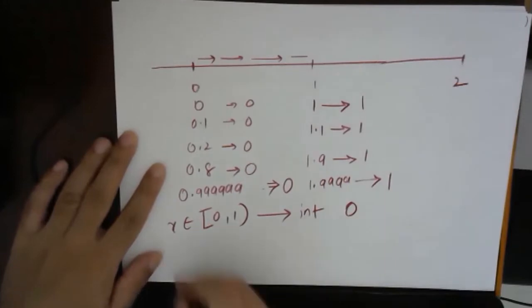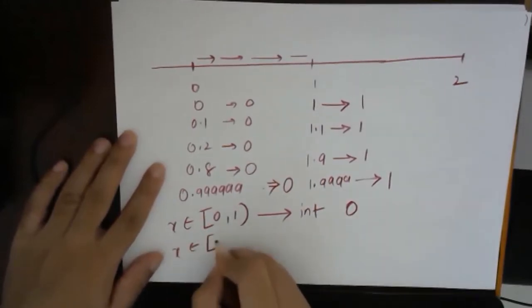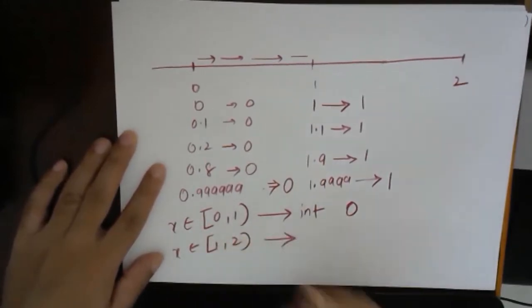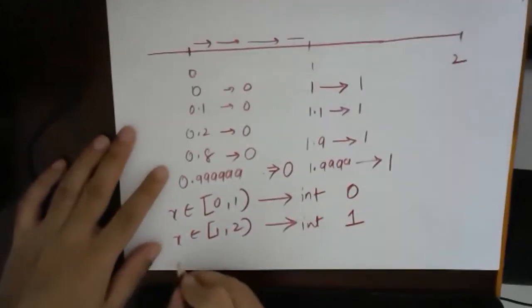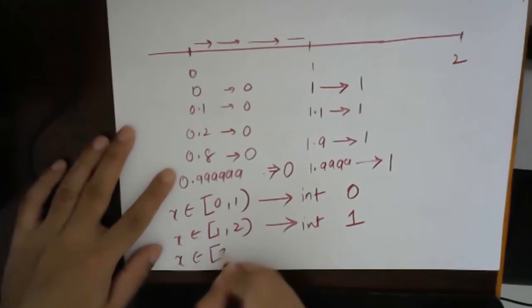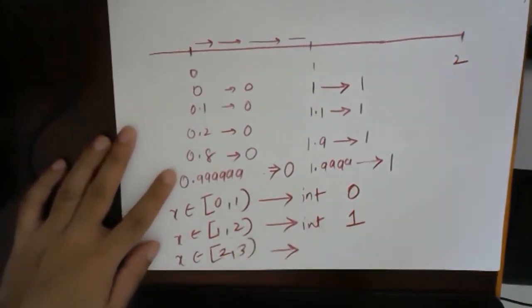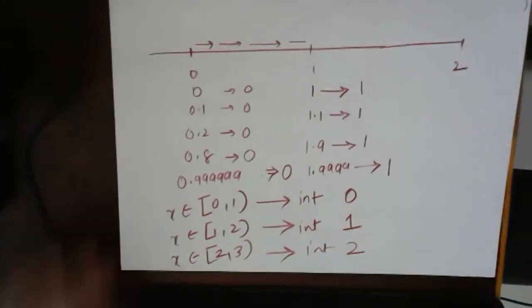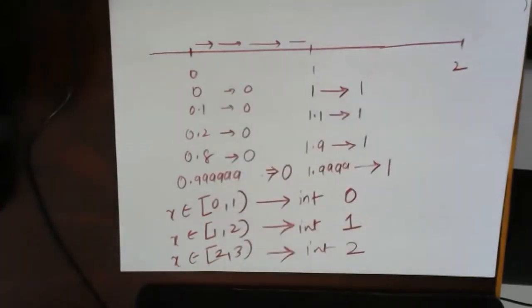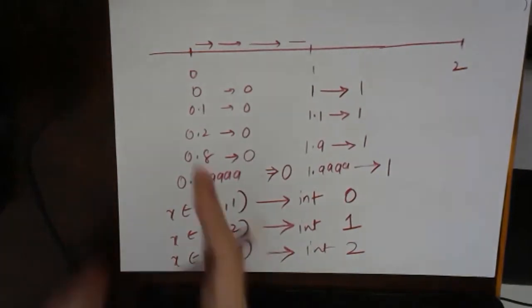When x belongs to 1 to 2, it will give the integral part as 1. When x belongs to 2 to 3, it will give the integral part as 2, and so on. Understood? Everybody understood this part? Just check it once again what I'm saying. Okay, very good. Now this is for positive.